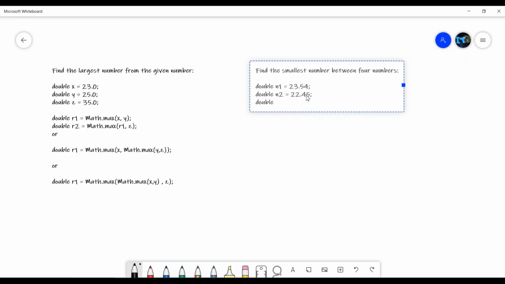Third one, n3 is equal to, let's take 43.82. Another one, double n4, let's take 43.81. Now we have to calculate or find the smallest number between these four numbers.